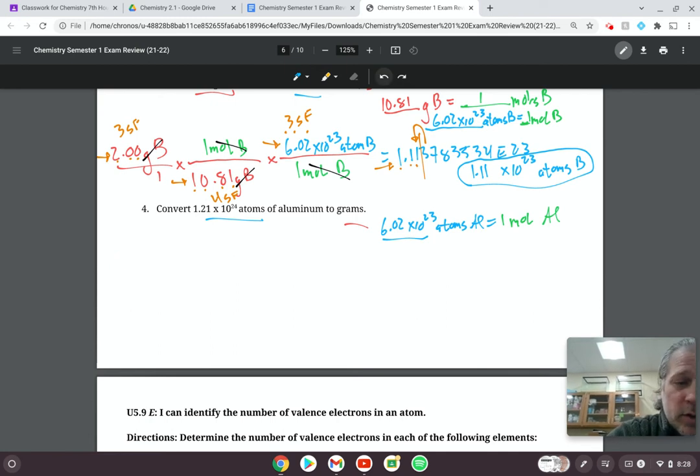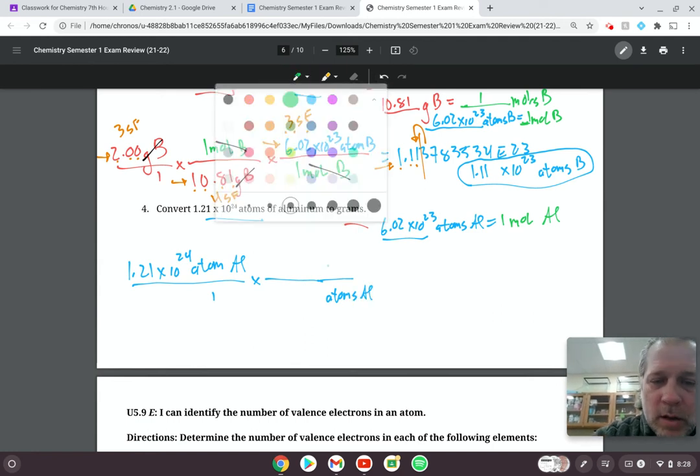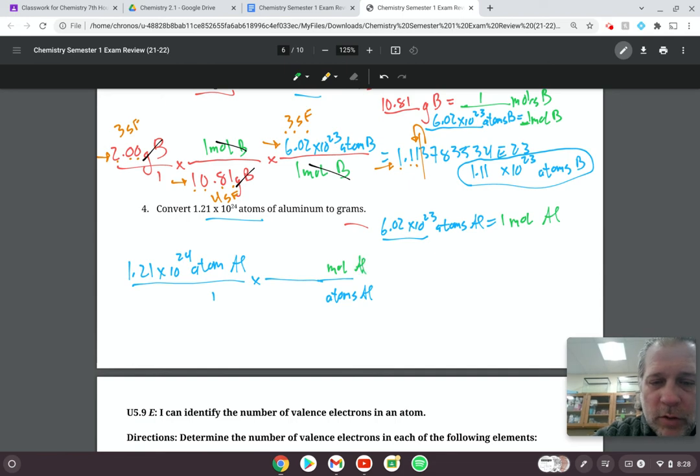I'm going to take my given, which is 1.21 times 10 to the 24th atoms of aluminum, put it over 1. And now because I'm going to go atoms to moles, I need to have atoms on the bottom. So I'm going to put atoms of aluminum on the bottom and moles of aluminum on the top. My relationship is 1 mole of aluminum is equal to 6.02 times 10 to the 23rd atoms of aluminum.